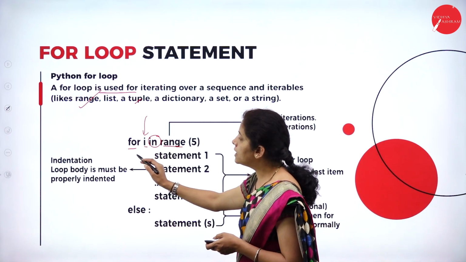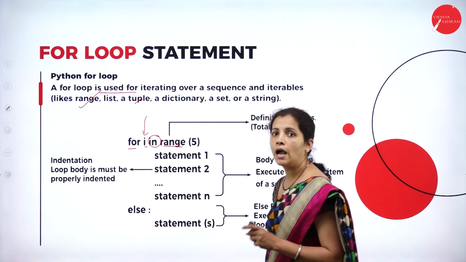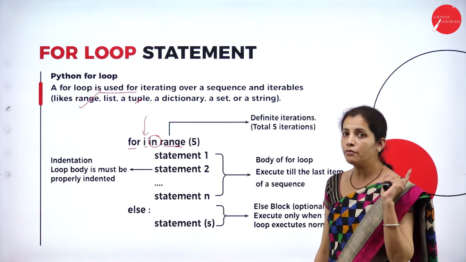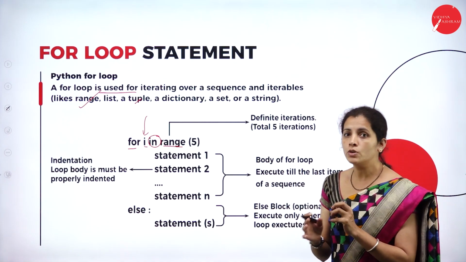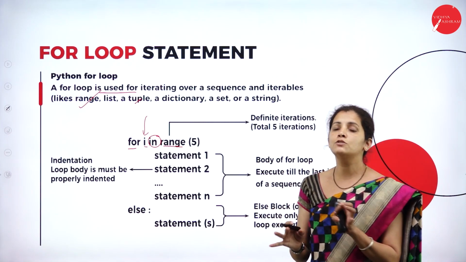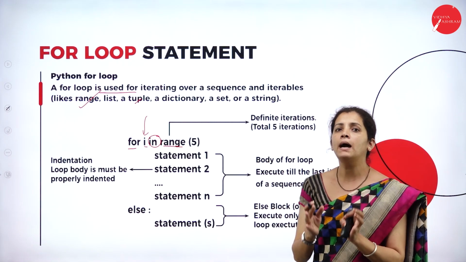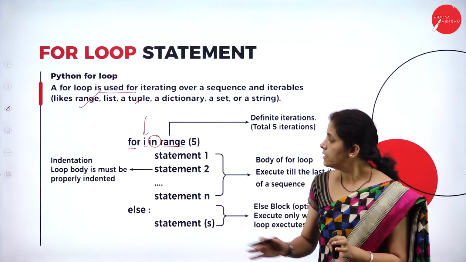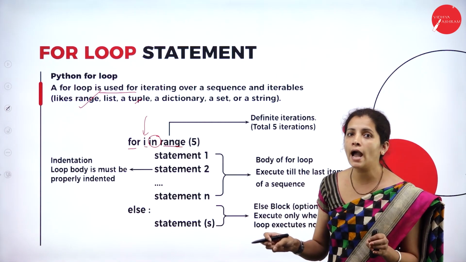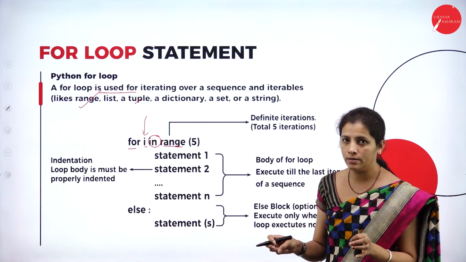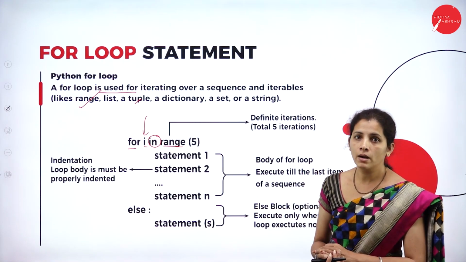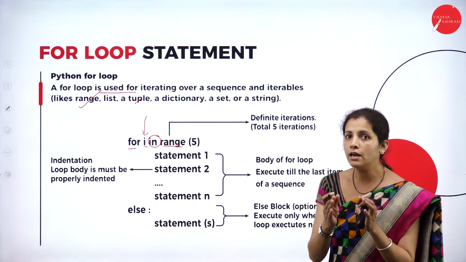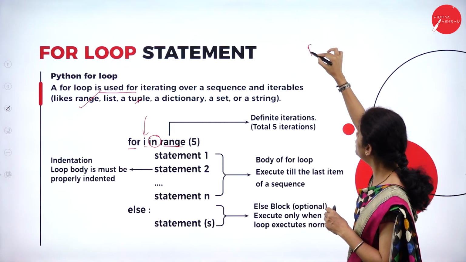And what is the important thing I want to remember here? In a for loop, indentation is very important. So dear student, Python does not include much syntax. In the sense, here we don't have any block. If I consider C program, Java or .NET, we have the concept called block.